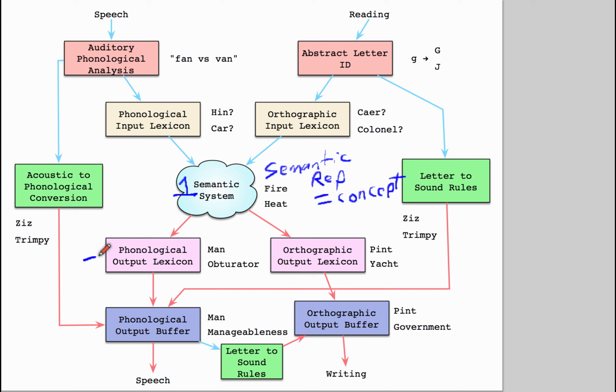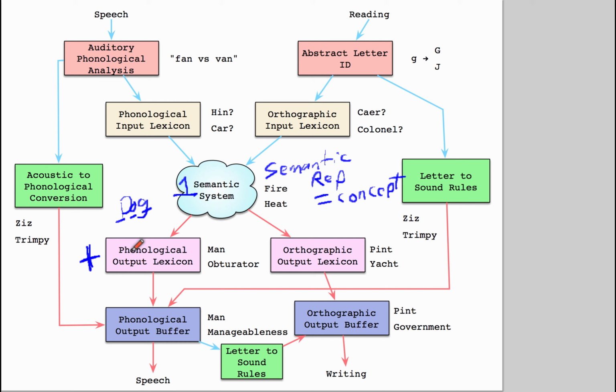Once we've activated the phonological word form, the string of sounds that represents, let's say our concept is dog, then we have to hold these phonological elements. Here we don't have much to hold, do we?